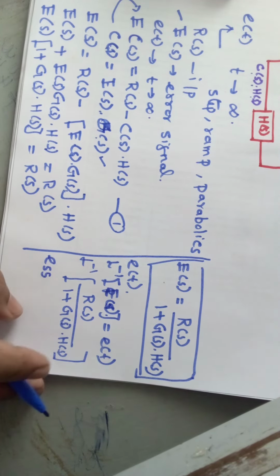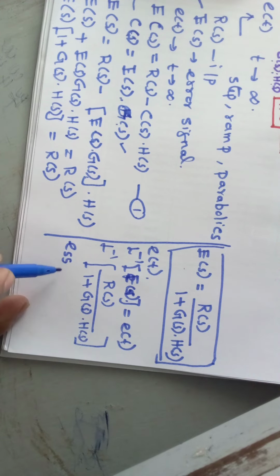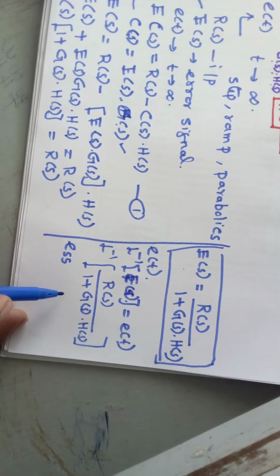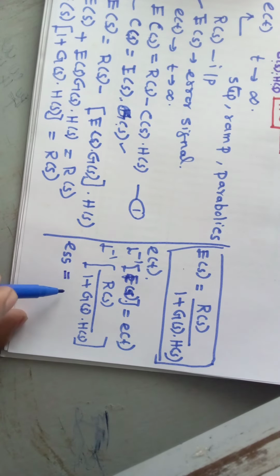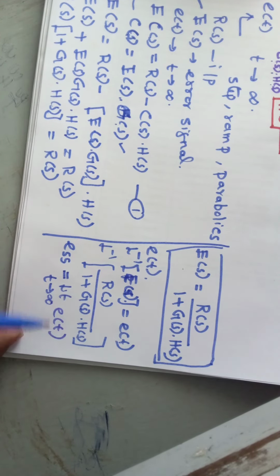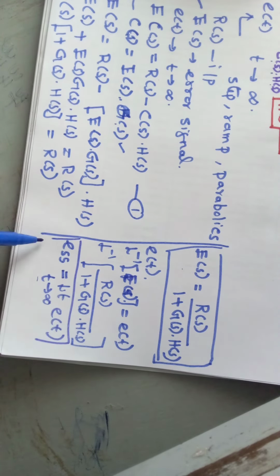So now this steady state error is nothing but the value of e(t), or the error signal, when time t tends to infinity. Or we can write ess is equal to limit t tends to infinity e(t). Understood?